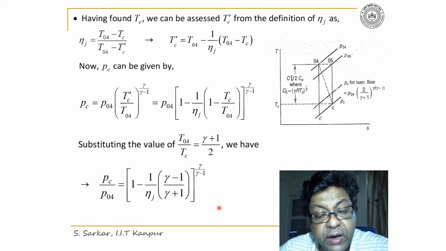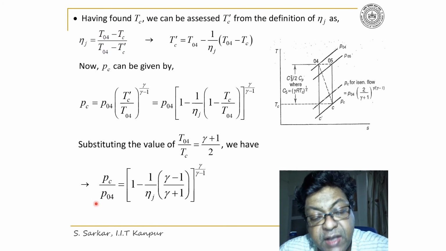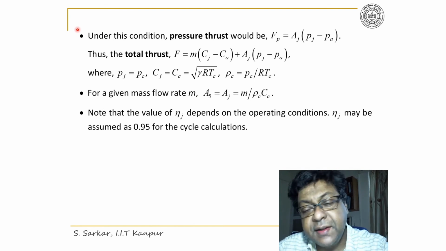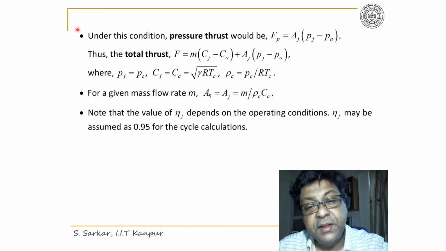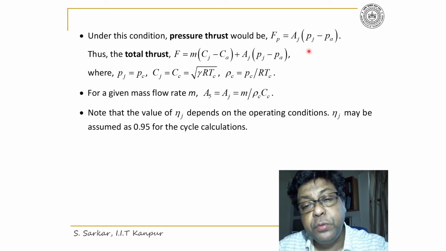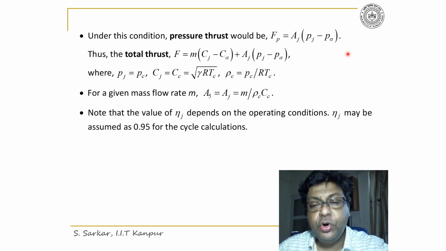Now look here, the Pc has been related with gamma and eta J. Under this condition, the pressure thrust would be P is equal to AJ, area of the nozzle, into PJ minus Pa. Note that PJ would be greater than the atmospheric pressure Pa.